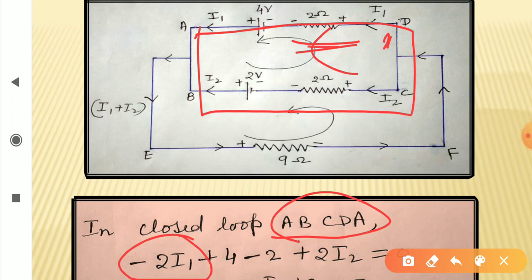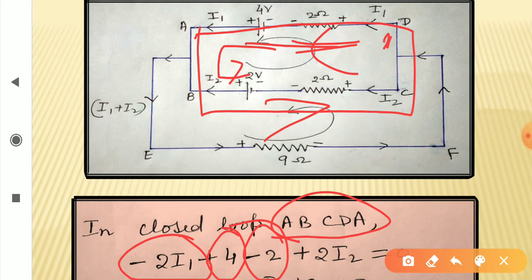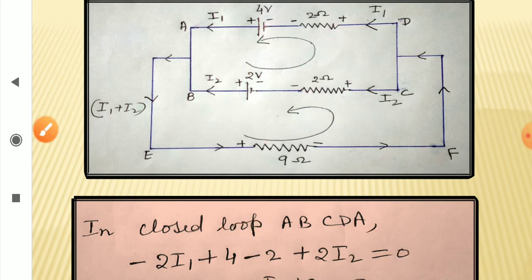Now when you move to the cell, then you are moving from lower potential to higher potential, so plus 4. Now when you are moving along the second cell, you are moving from higher potential to lower potential, fall of potential, minus 2. And when you are moving along this resistance 2 ohm, you are moving from lower potential to higher potential, so there is rise of potential, plus 2I2 is equal to 0.